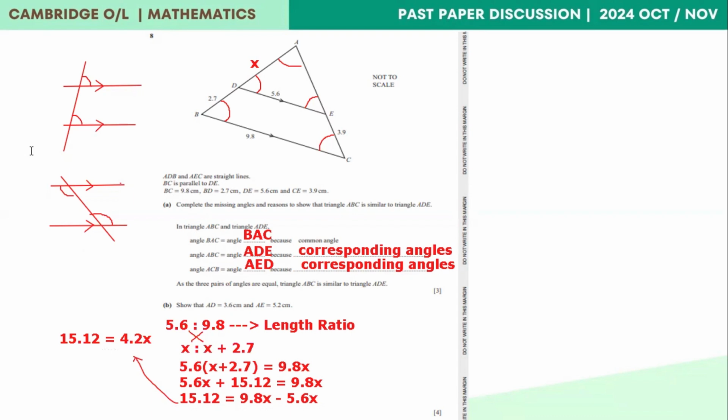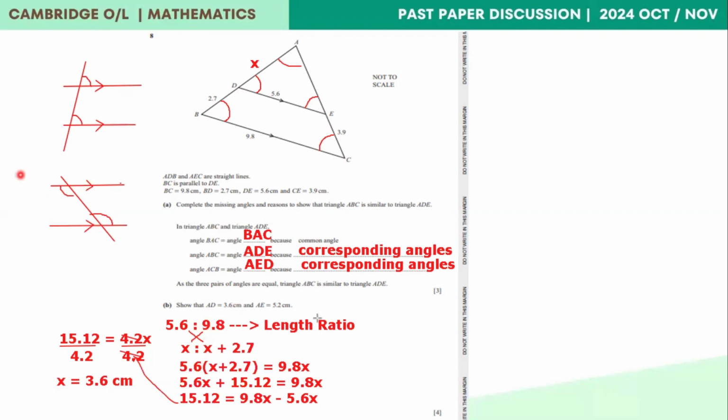Now we divide both sides by 4.2. Both get cancelled, and 15.12 divided by 4.2 gives exactly 3.6 centimeters. So we are getting AD exactly as 3.6 centimeters.